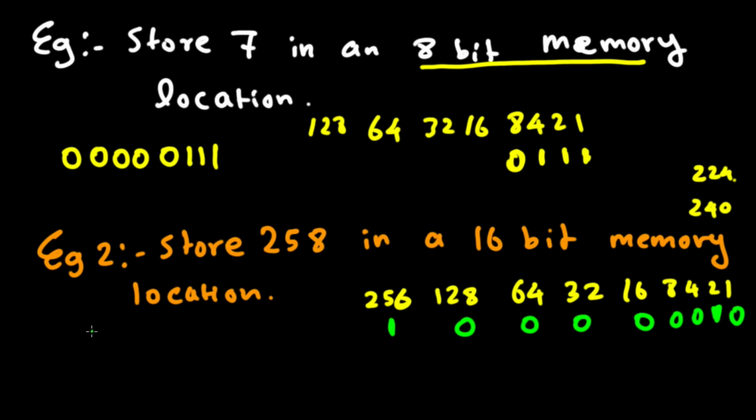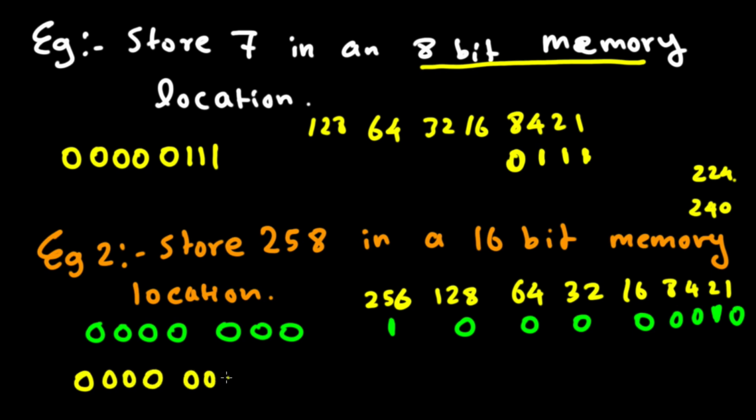Then we continue, so we will have totally 16 digits: 0, 0, 0, 0, 0, 0, 0, 1, and then 0, 0, 0, 0, 0, 0, 1, 0. And that's how we can store 258 in a 16-bit memory location.